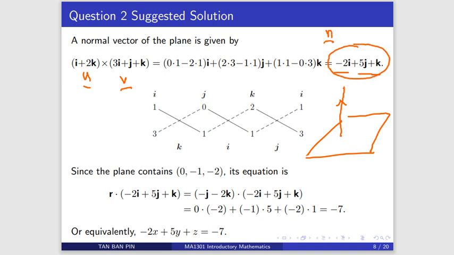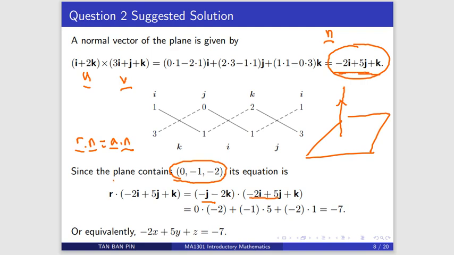Then to find the equation of the plane, remember it is r dot n equals a dot n. We can take a as this point, (0, -1, -2). So you take (0, -1, -2) dotted with the normal vector, -2i plus 5j plus k.